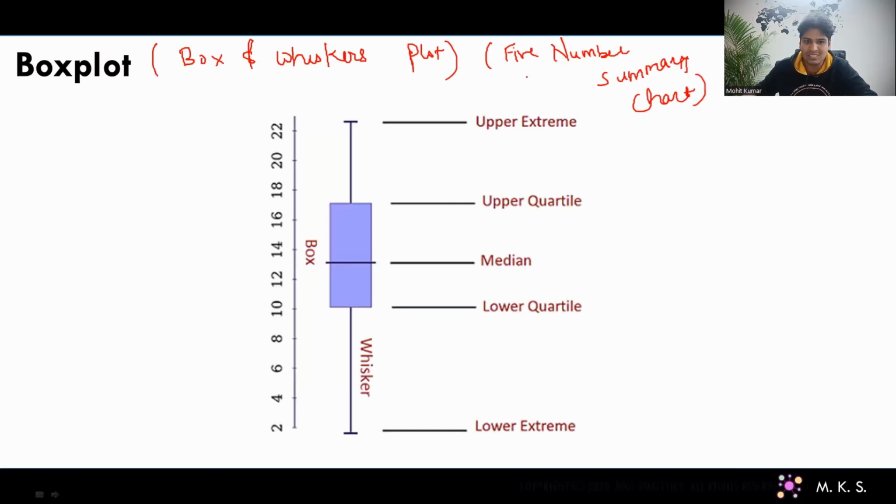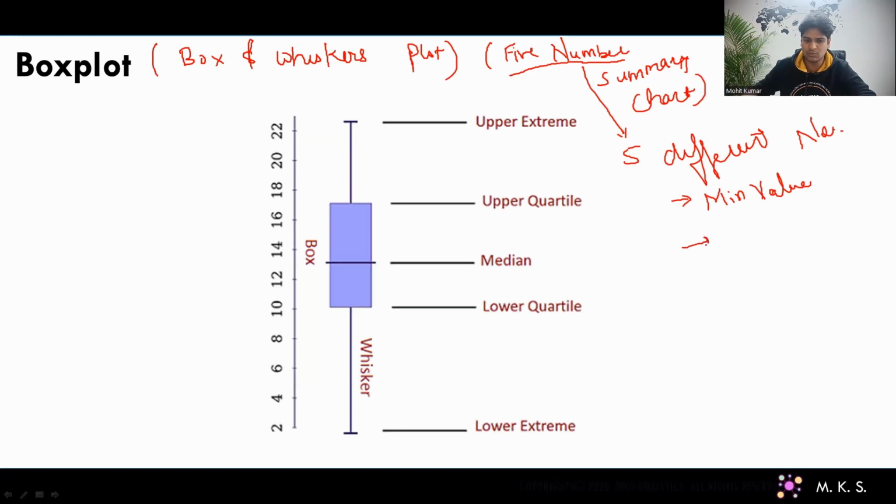Now, why do we call it 5-number summary? Because it gives you the details of 5 different numbers, right? Now, what are those 5 numbers, guys? Let me just list them. First, it talks about the minimum value, right?